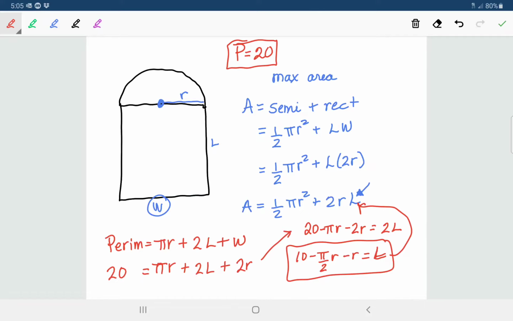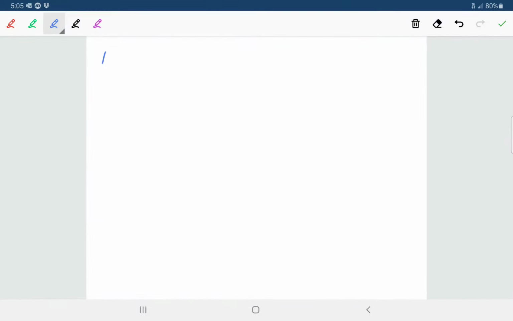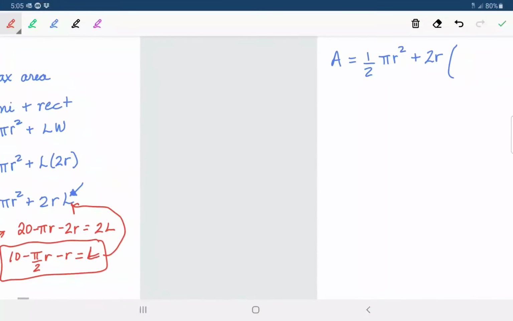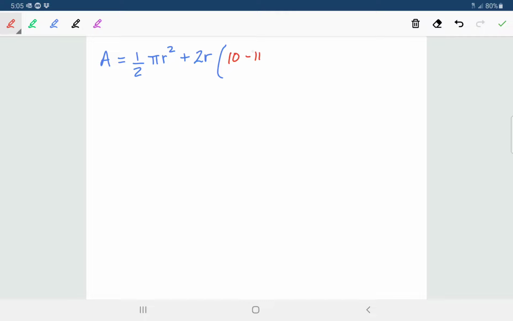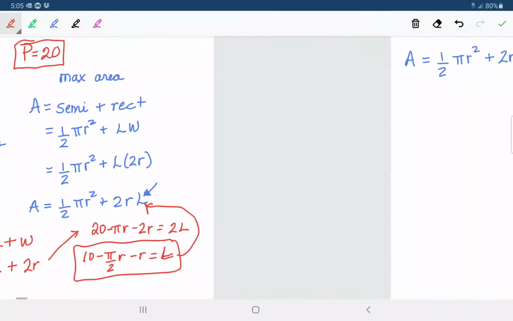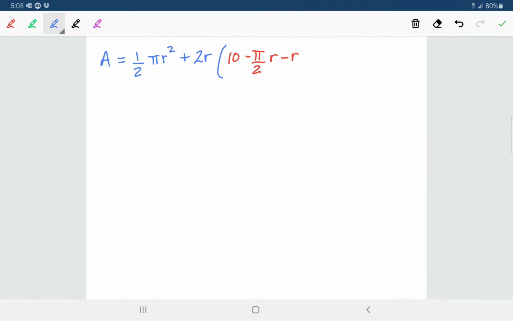Let me recopy this on the next page. The area was equal to 1/2 pi r squared plus 2rL, but we're going to substitute in the value of L, which we found to be 10 minus pi over 2 r minus r. Now we can expand this by distributing. So 1/2 pi r squared, just copying that.